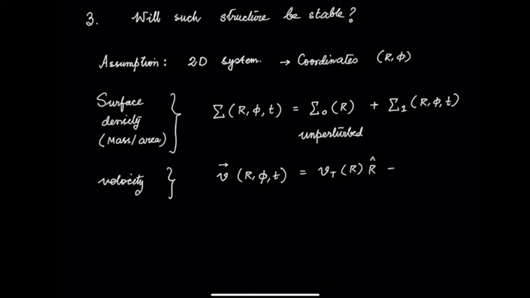I'm sorry, it's not r cap, obviously, it's phi cap. And then it will also have its perturbation, which I write as delta v, which can be a function of r, phi and t.